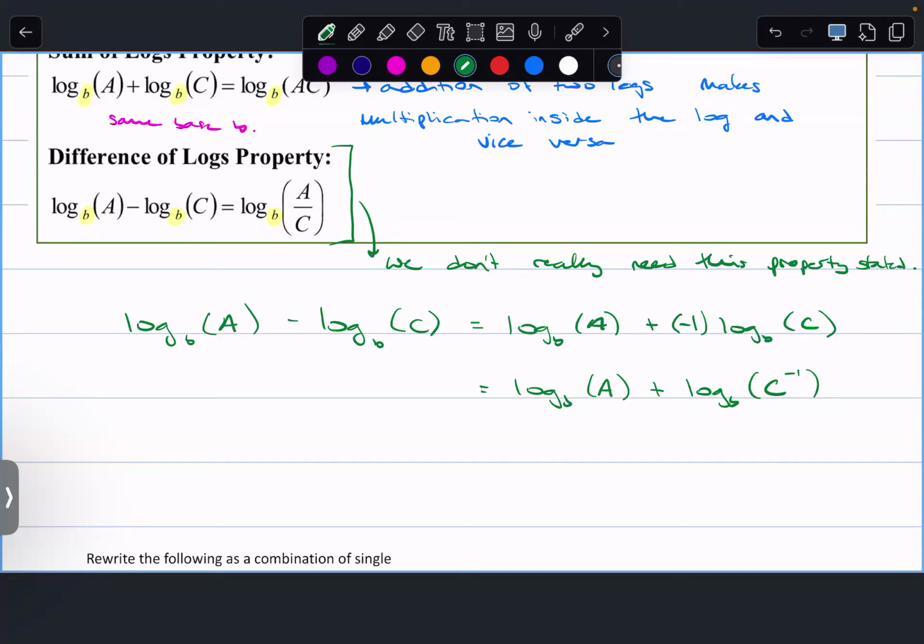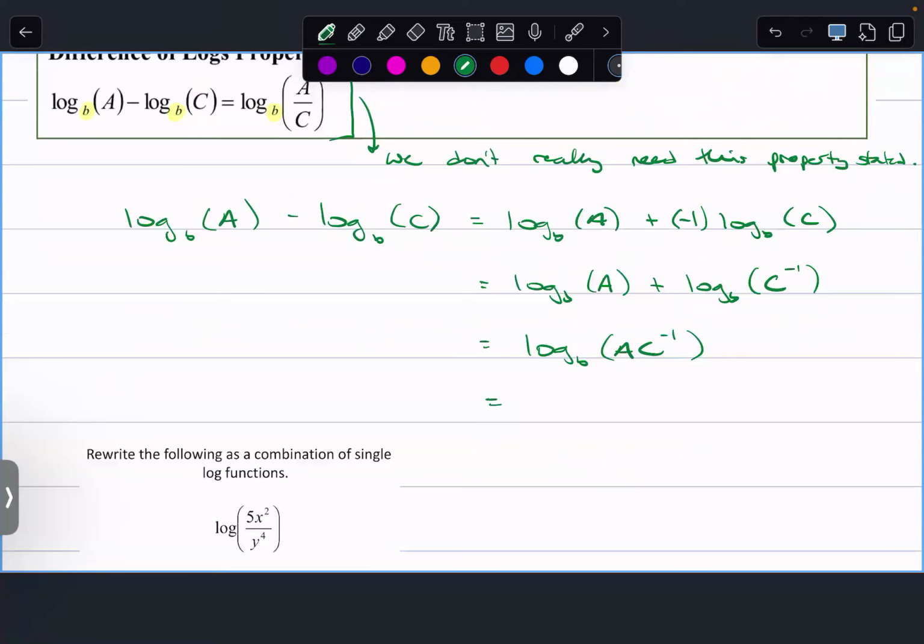So now I have addition of logs of the same base, which means I can rewrite this as multiplication, which means I have log base b of a times c to the -1, but that is the same as a over c, right? Bring that -1 exponent downstairs, and I get log base b of a over c.